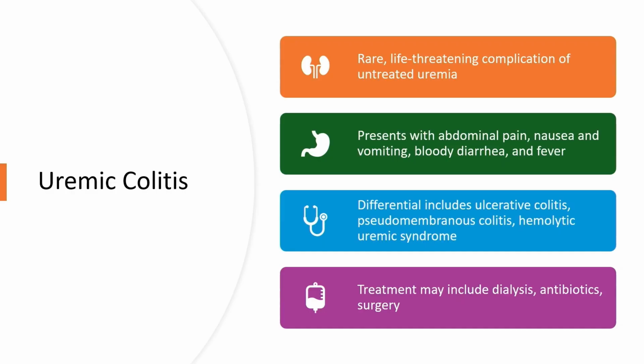So gastroenterologists who are seeing a lot more of ulcerative colitis or pseudomembranous colitis could misdiagnose this, and you wouldn't want someone to be treated for ulcerative colitis if they just need antibiotics and dialysis initiation. So you could initiate dialysis, treat this, and then reassess their gastrointestinal symptoms before seeing if they need any other therapy.